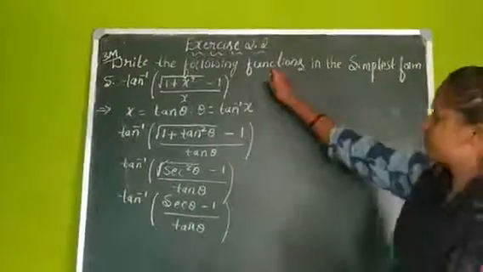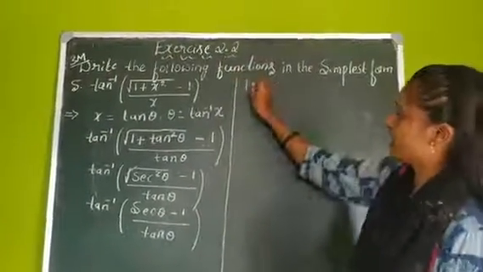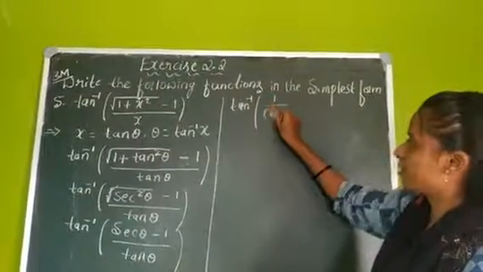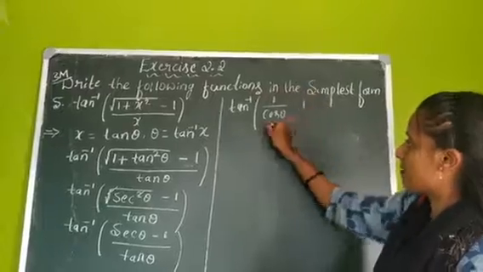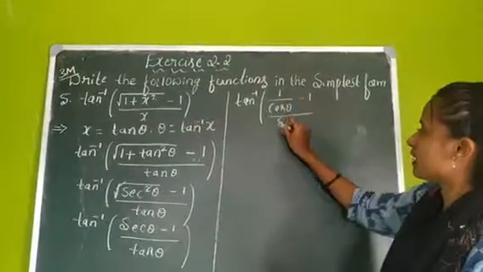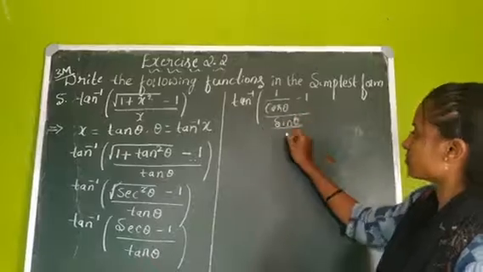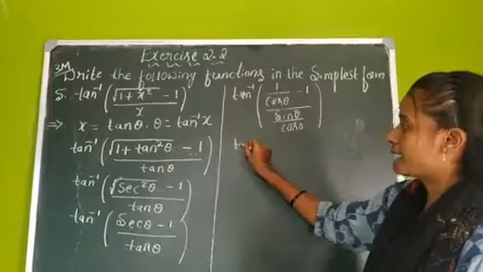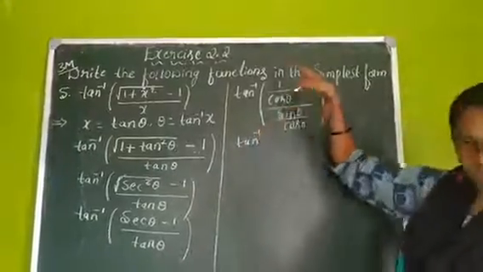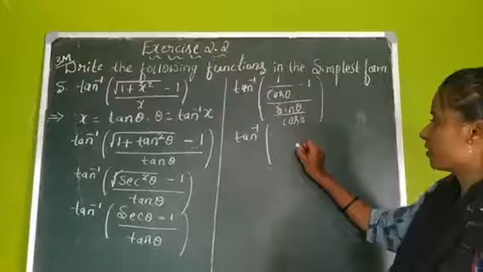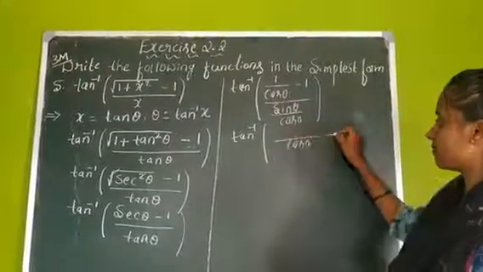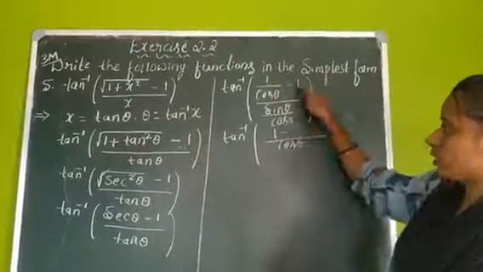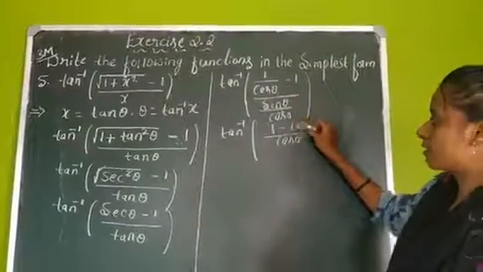So here, tan inverse of, I write the secant as 1 divided by cos, minus 1, divided by tan as sin divided by cos. Now I take cos as the LCM in the numerator. Therefore 1 is remaining, minus 1 into cos is cos.